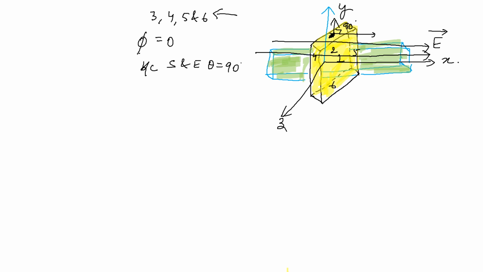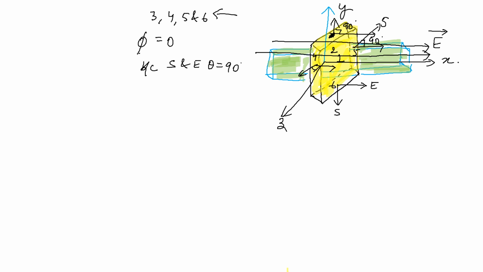This and this will have theta equals 90 degrees. From this surface the area vector will come in this direction and the electric field is in this direction. They are also making 90 degrees. From here S will go like this and E is going like this, so they are also making 90 degrees. Just see this angle in a 3-dimensional view. Don't just see according to the plane of paper. According to the plane of paper, this looks like some 30 degrees.